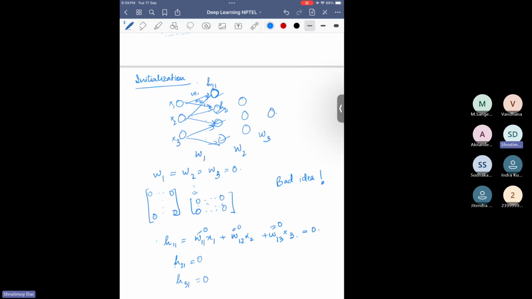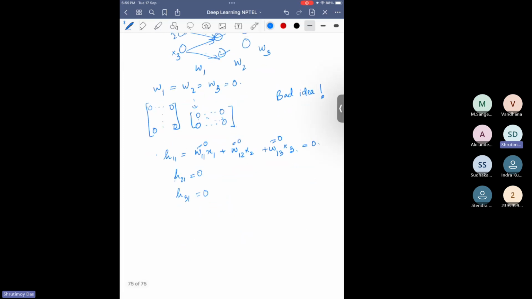So how about the case when instead of zeros, I say that each of these WIJs is the same value. Let me say each of these WIJs is say 5. Is this a good idea or is this a bad idea? What do you think?